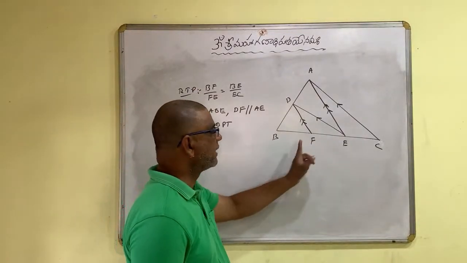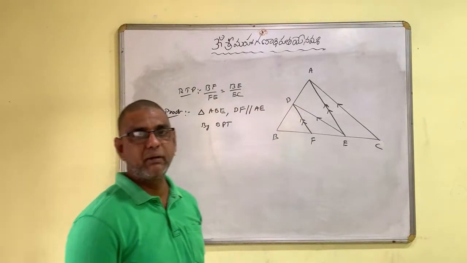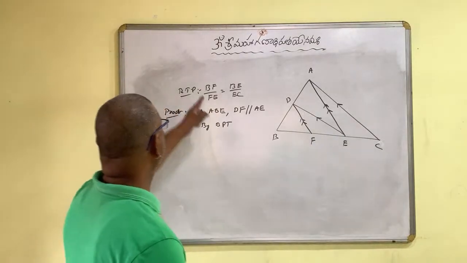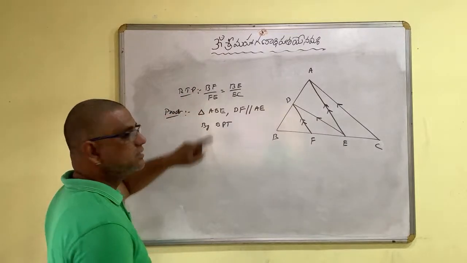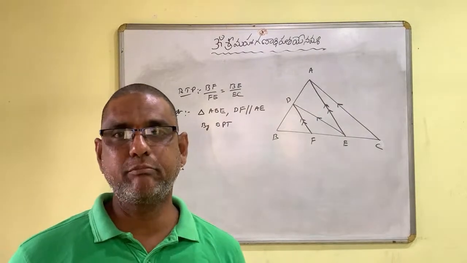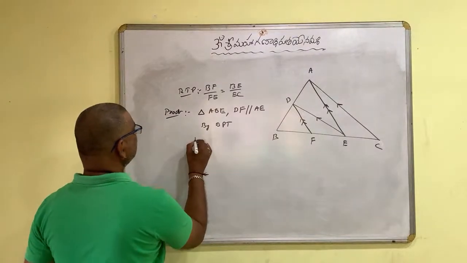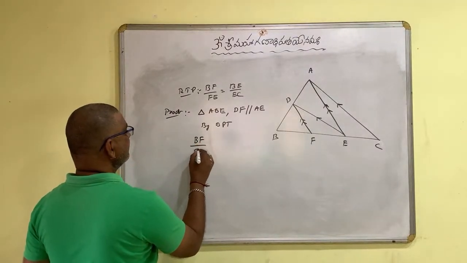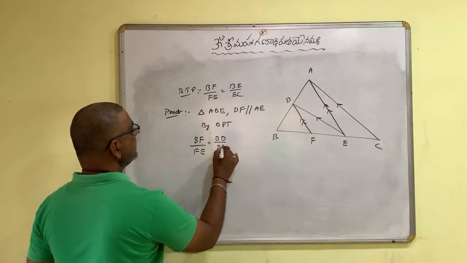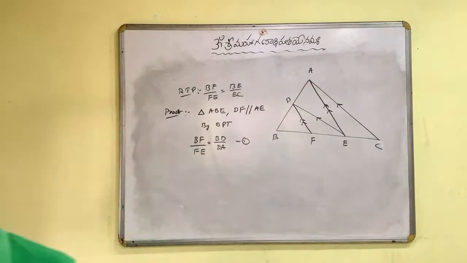Only parts are being asked, not part by whole. BF by FE is asked. See the required to prove, LHS: BF by FE, parts only. So by basic proportionality theorem, BF by FE equals BD by DA. Let it be 1.